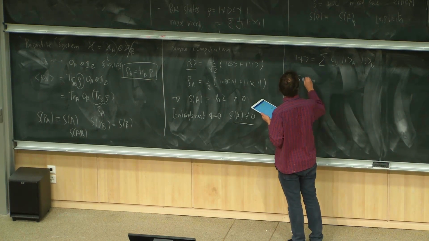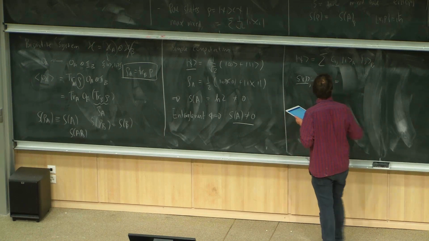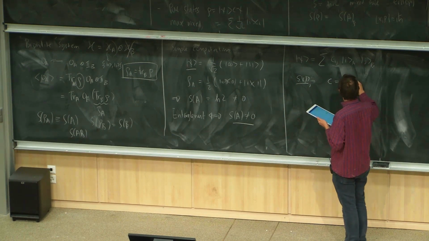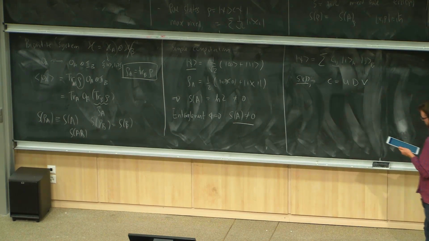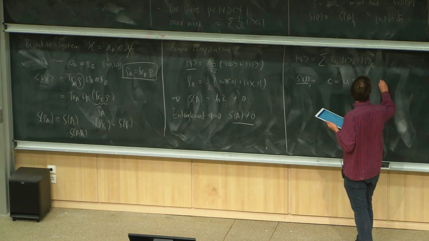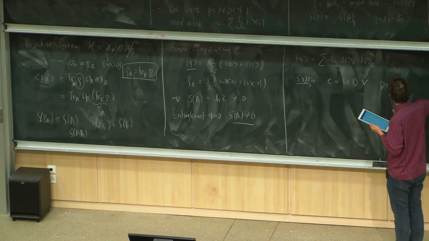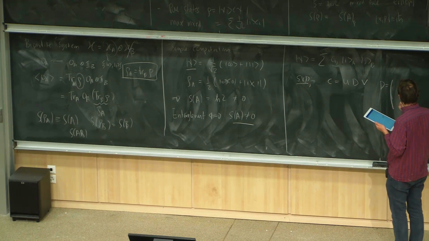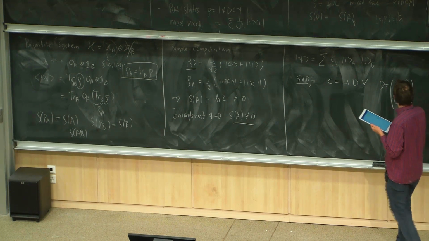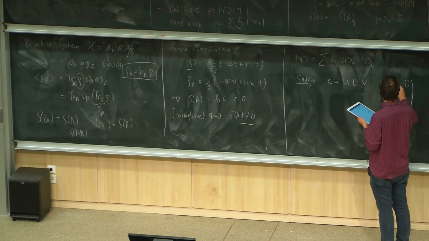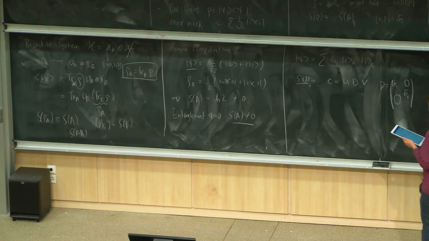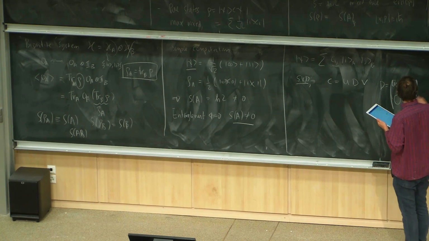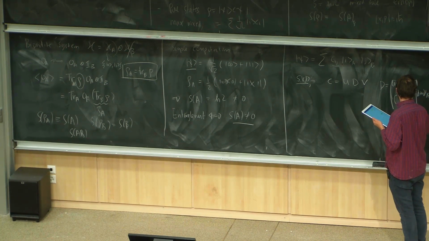I can use an SVD to write C as some unitary operator, some rectangular diagonal matrix, and some other unitary operator V. So the rectangular diagonal matrix is some rectangle like this, and along the diagonals you have root P1, and so on, where this is the dimension of HA, I think, and this is the dimension of HB.